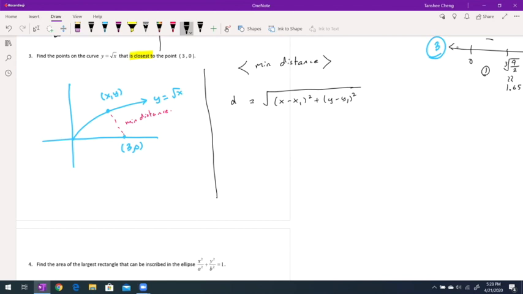We already learned implicit differentiation, so I can make this problem a little neater. Instead of a function notation, I can write it in equation notation. I can square both sides, because taking derivatives for a simplified function or equation is the same, right? So D squared equals (x minus x sub 1) squared plus (y minus y sub 1) squared.